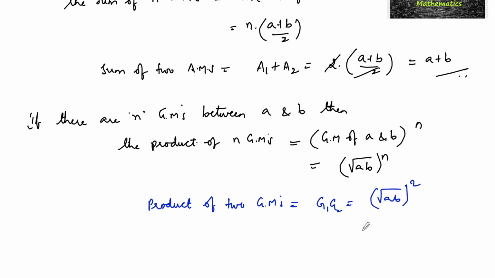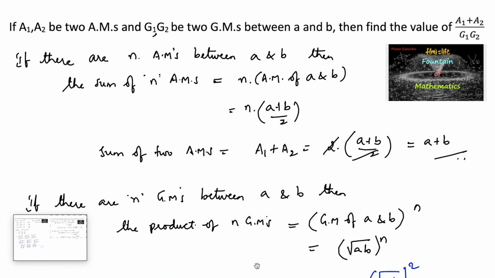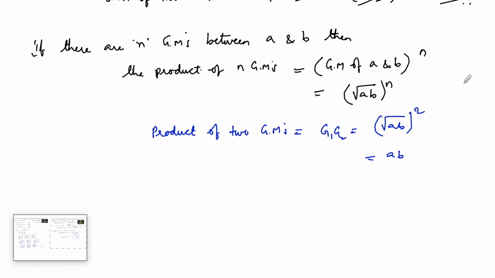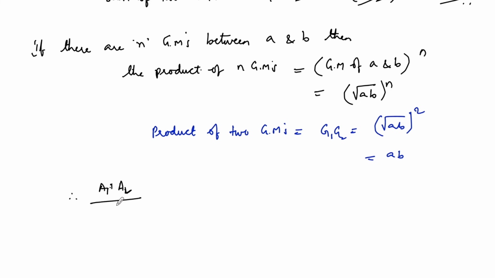So root of ab whole square is ab. Therefore a1 plus a2 upon g1 g2 is equal to a plus b upon g1 g2, which is a plus b upon ab. So a plus b upon ab is the answer.